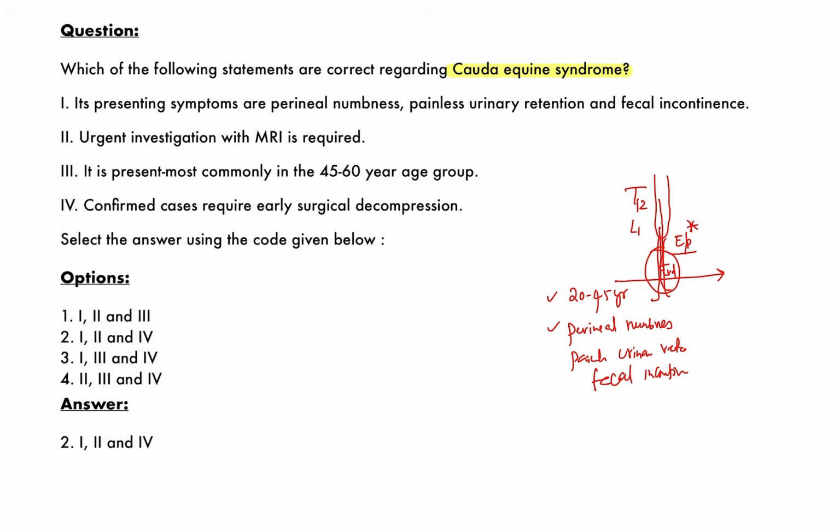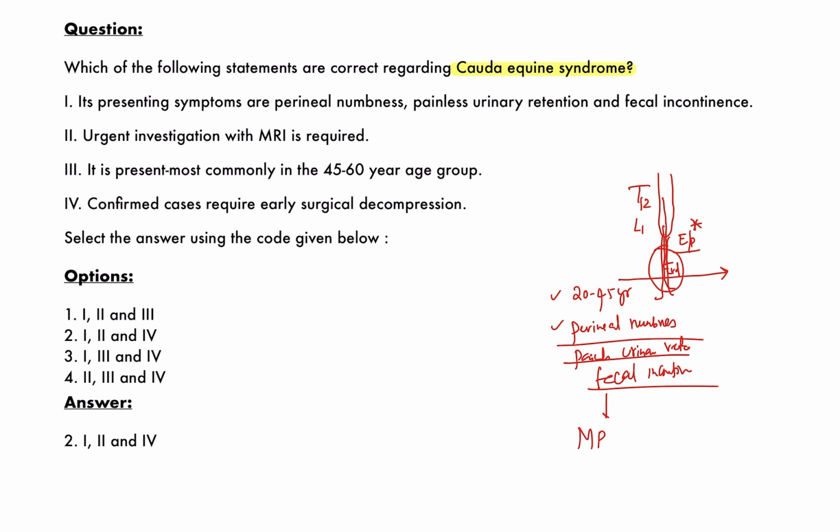If you see any 40-year-old woman presenting to clinic with a case of lumbar disc herniation, with perineal numbness, painless urinary retention and fecal incontinence, it's an alarming sign. Urgently we have to refer the patient for MRI to check for cauda equina syndrome in all suspected cases. If there is a confirmation, we have to immediately go for surgical decompression.